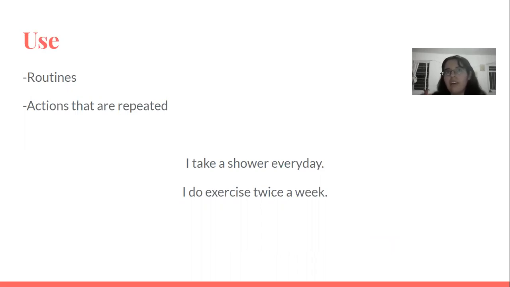It could be every year or whatever, as long as the actions are repeated. Here are two examples. I take a shower every day. I do exercise twice a week. The simple present can also be for things that are just generally true. Yeah, that's the use.